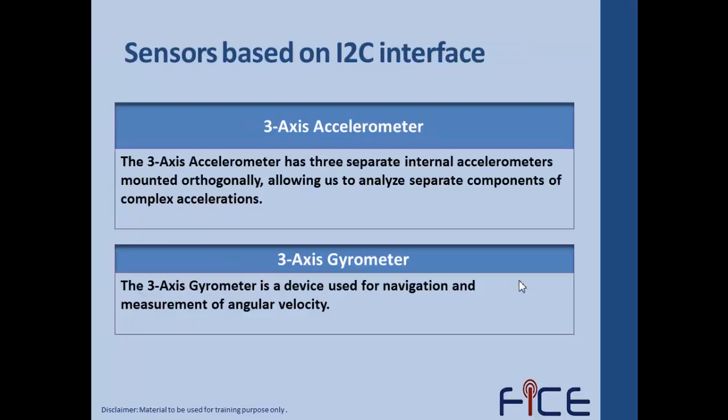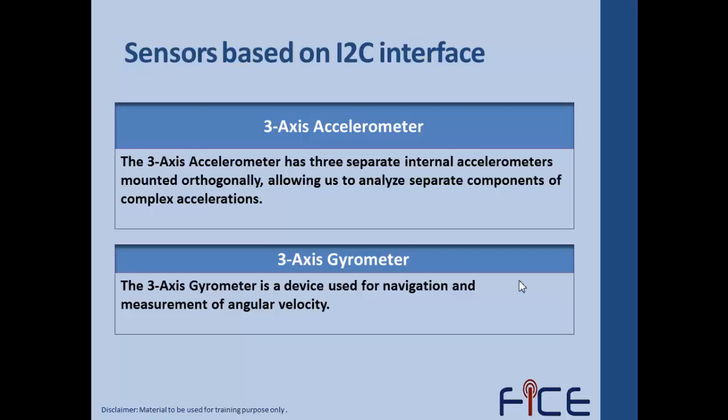The I2C based sensors we are going to discuss are the accelerometer, gyrometer, and some digital temperature sensors. An accelerometer has three separate internal accelerometers mounted orthogonally, allowing us to analyze separate components of complex accelerations, and this 3-axis accelerometer is used to measure acceleration due to gravity along the x-axis, y-axis, and z-axis.